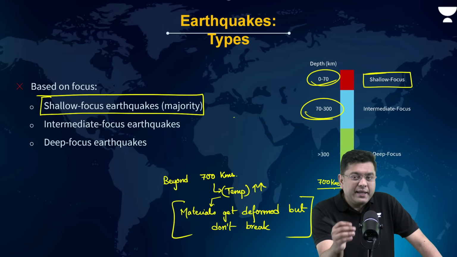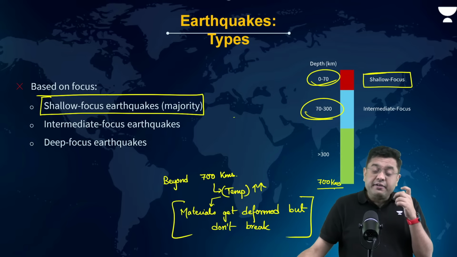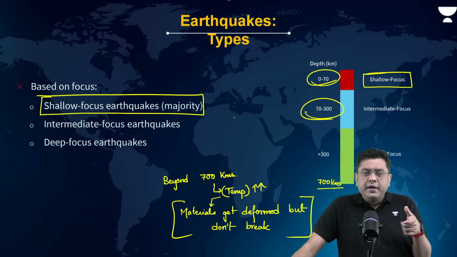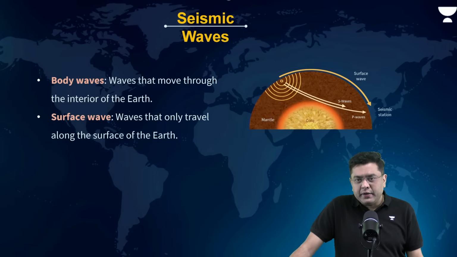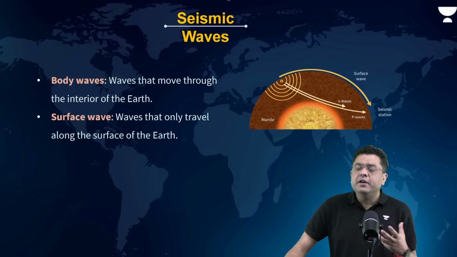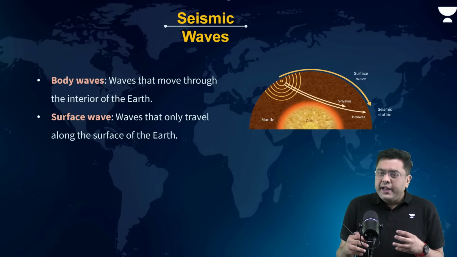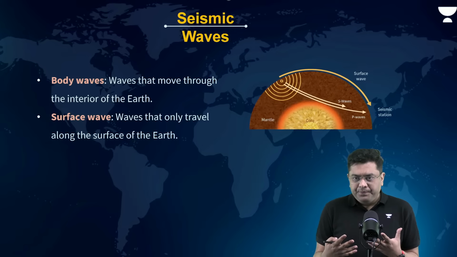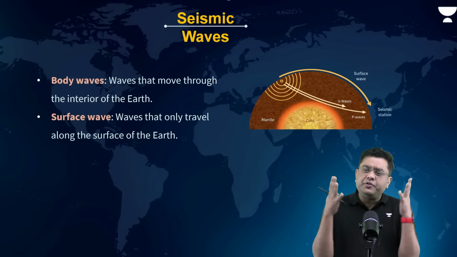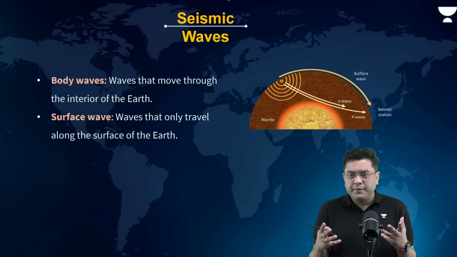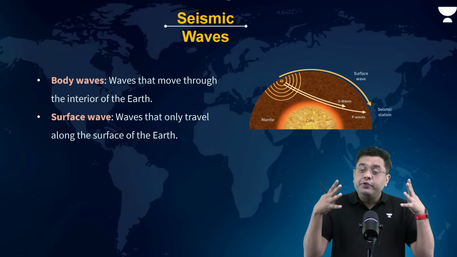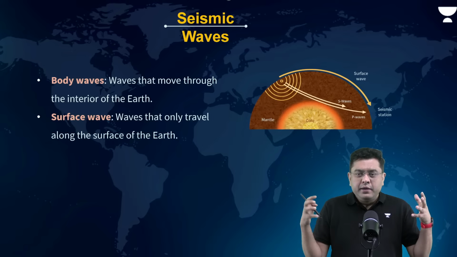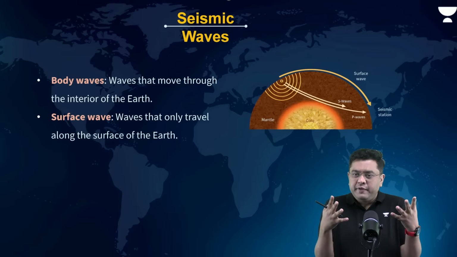That is why this is again one of the basic fundamentals of how the earthquake occurs. Now, whenever an earthquake occurs, it releases energy. Energy always travels in the form of waves. For example, light is also energy, so light also travels in the form of waves.